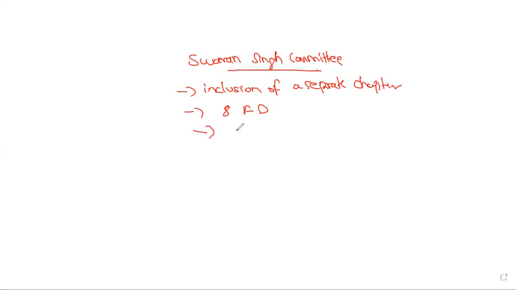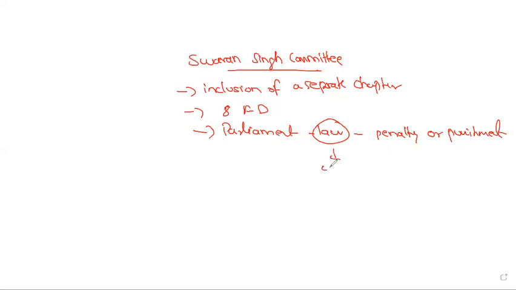Then they said that if anyone does not observe the fundamental duties or infringes them, Parliament may provide a law for the penalty or the punishment. This law imposing the punishment or penalty will be out of the purview of judicial review.